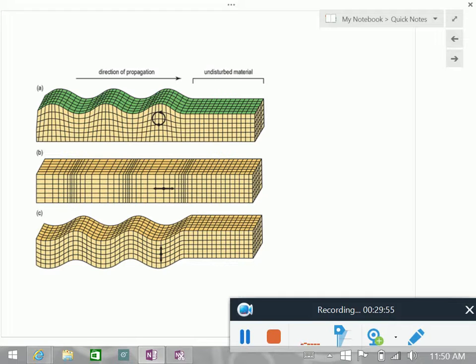The direction of propagation is from left to right, and the arrows you see are particle displacement.